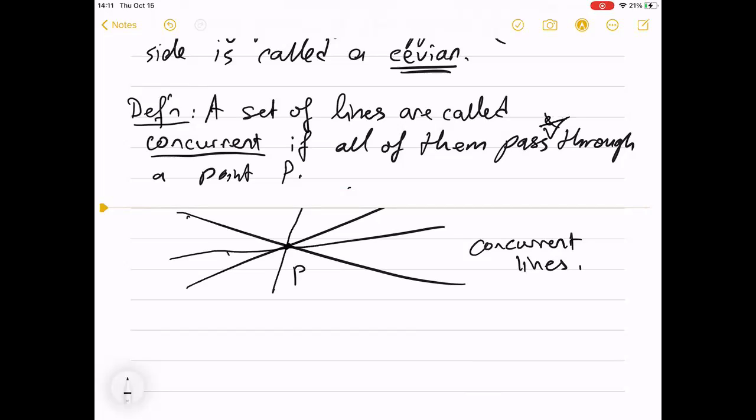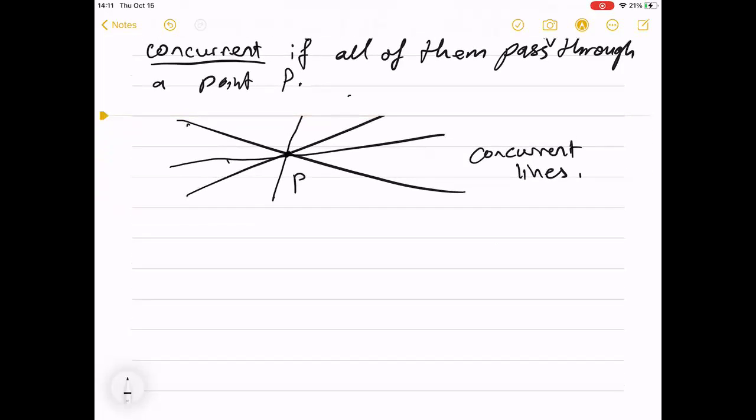Okay, here's a nice theorem of Ceva. This is from 1678. This is a very old theorem. Geometry is a beautiful subject, and it has been studied for a long time, since ancient times.